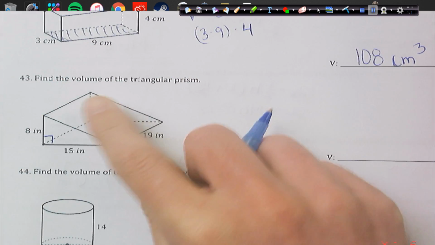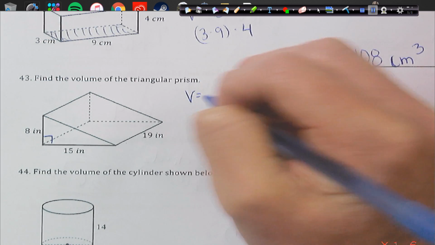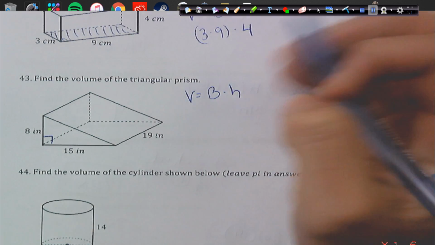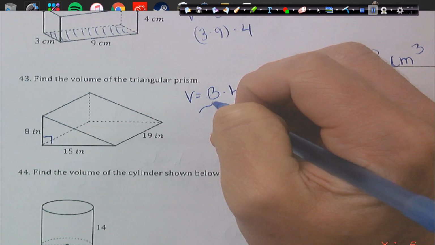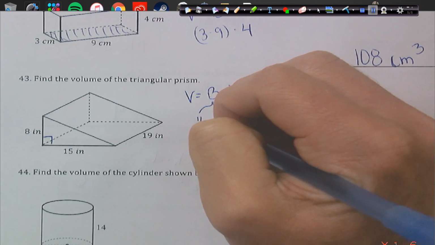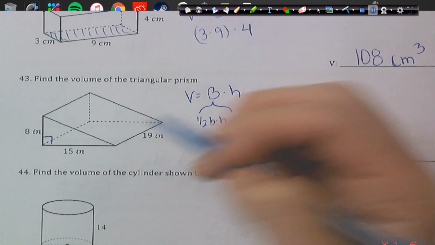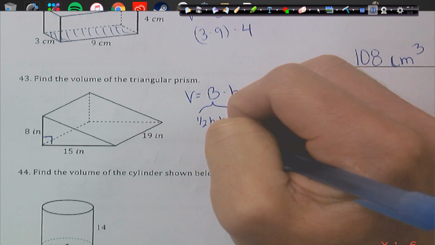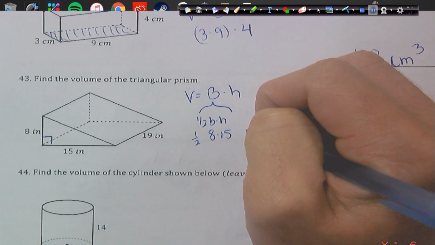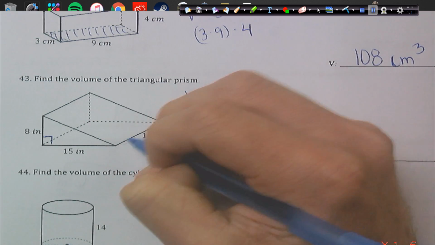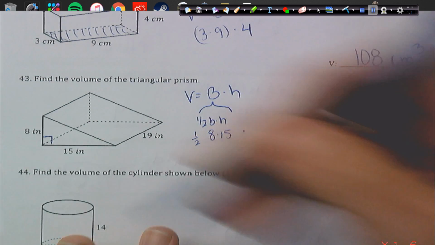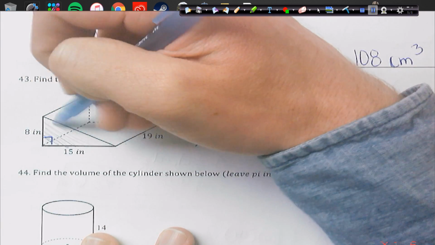Alright, this one's a tricky one for a lot of kids, but this is a right angle as well. Volume of the triangle prism, volume equals big B times H. Now the base is actually a triangle, so we're going to do 1/2 B times H. So 8 and 15 are my base and my height. And then the height of the prism is the distance between the two bases. So the two bases are actually this triangle and this triangle.